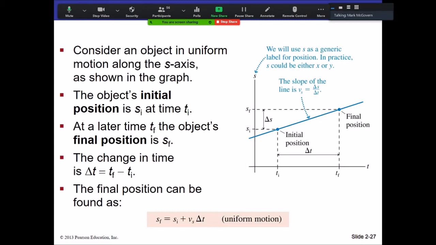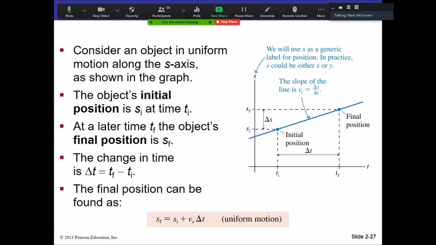You have your intercept here, and you have your speed and time. So that represents the slope there. And time is the variable here. And this tells us what some future position is. So this is very straightforward. This is just a linear thing. And this is honestly our first equation. It's a very simple equation, and it only applies if you have no acceleration. You have a constant speed.